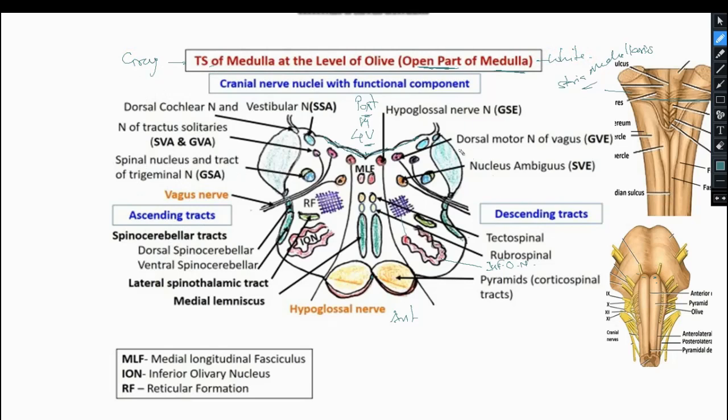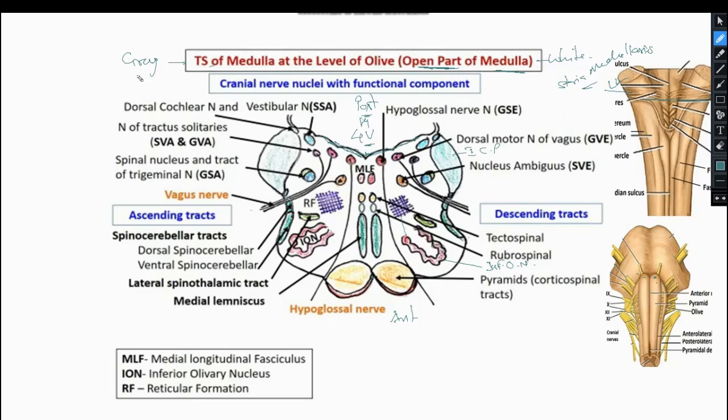And one important structure here, this is the very last structure that we see. This is the inferior cerebellar peduncle.